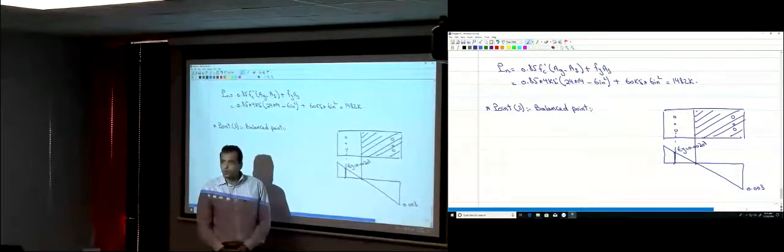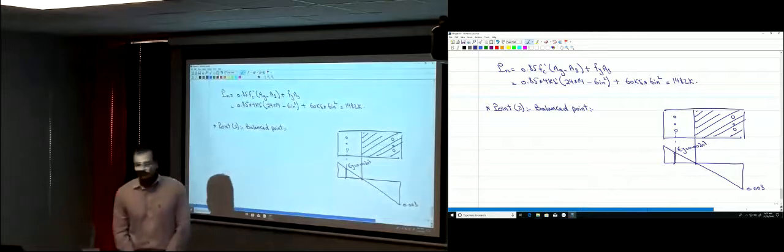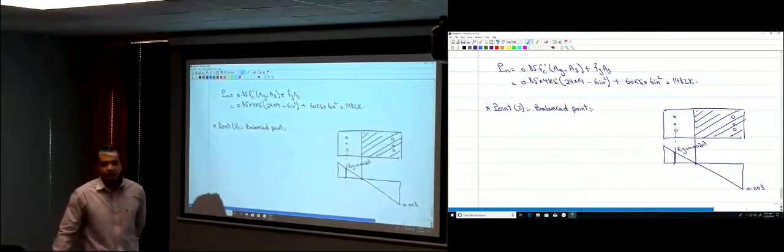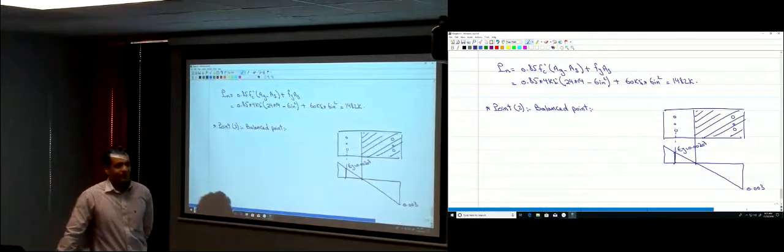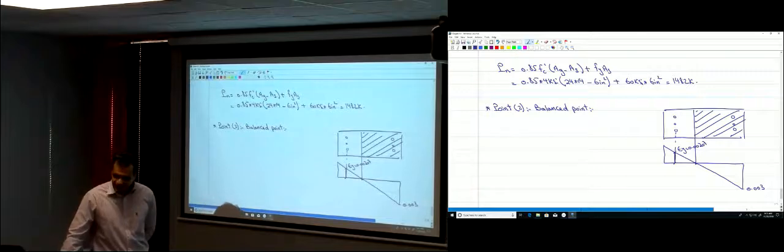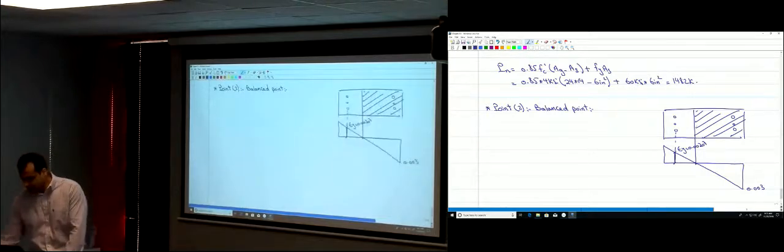What would you do with a strain that looks like this? Something basic that we did before. Find a neutral axis of it, I guess. The strain, no. For strain that looks like this, you would replace the stress distribution with the Whitney stress block. You're going to assume uniform stress, okay? So actually the stress distribution will look like this.